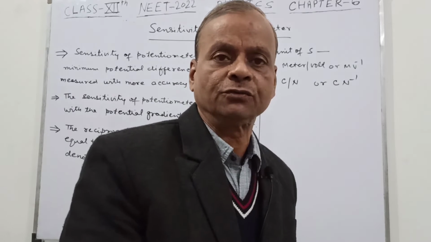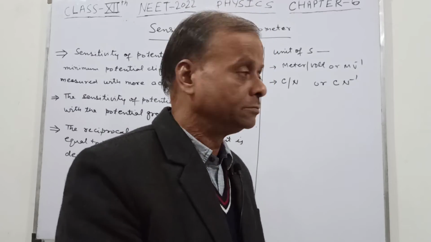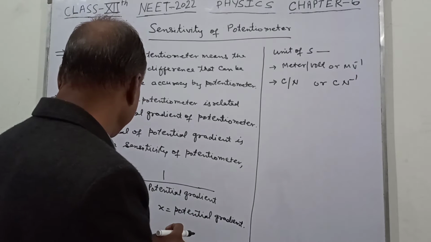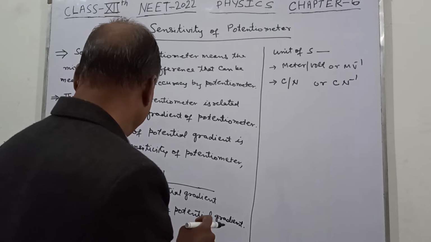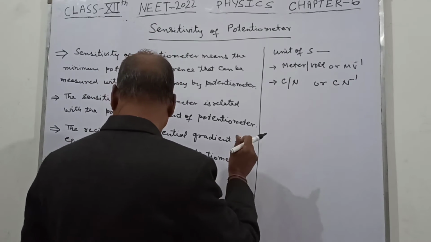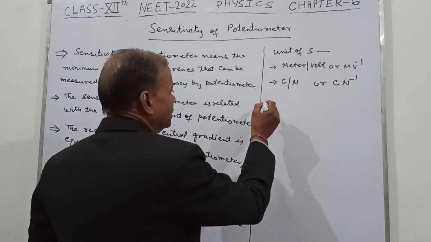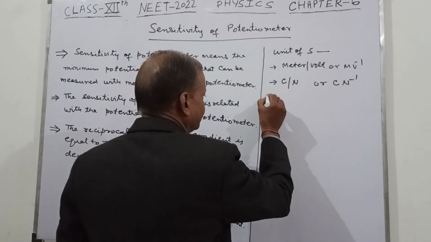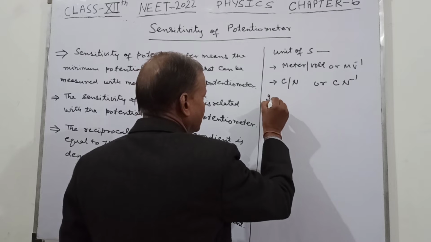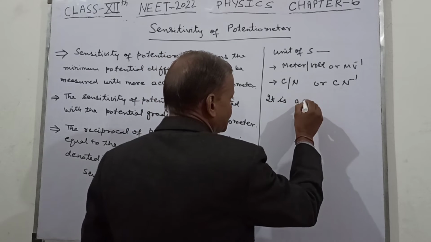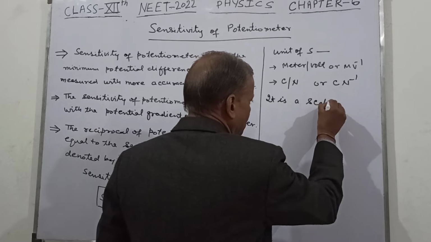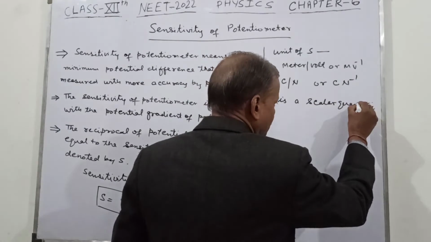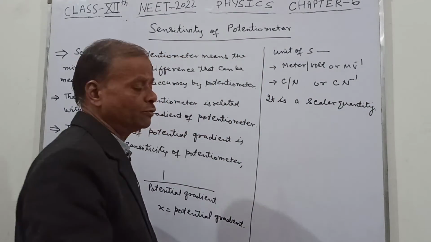This is just opposite to that of the Newton per coulomb, N C^-1. And you can have that this potential gradient is a scalar quantity, so it has no direction at all.